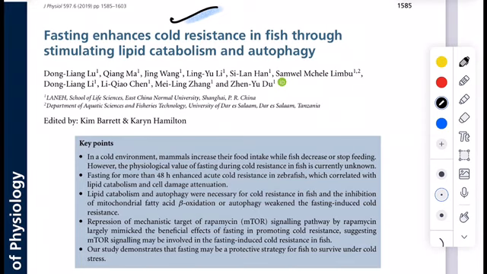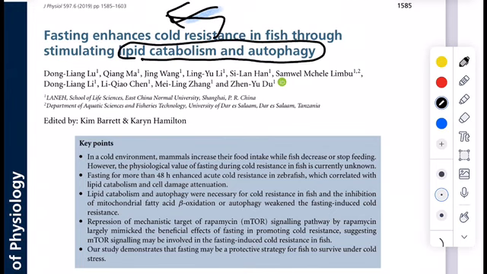So fasting enhances resistance in fish by stimulating lipid catabolism and autophagy. That means these two processes, lipid catabolism and autophagy, help the fish survive in a cold environment and overcome the cold conditions in their surroundings.